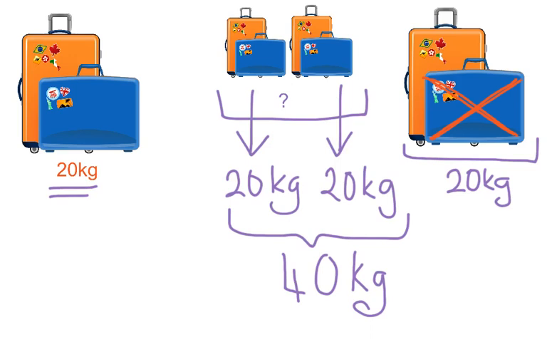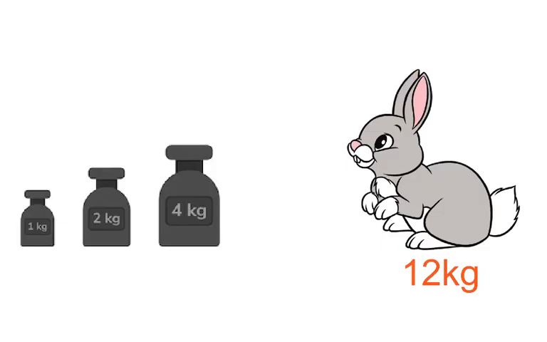The mass was 20 kilograms, the weight was 20 kilograms, but I've halved it. So I need to look at this weight and think, what is half of 20? And if I split 20 into two even parts, I will use my number knowledge and know that I will have 10 kilograms. So there's lots of maths to think about, and again, lots of number knowledge.